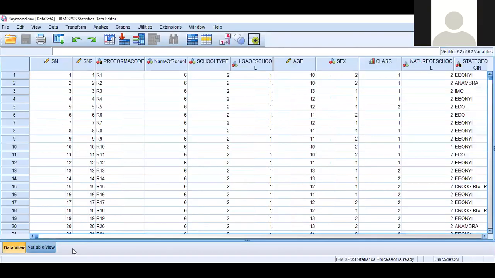Let me look for that lady's work. I will share with you now. Let me open this. So this is the data set. Can you see the data?